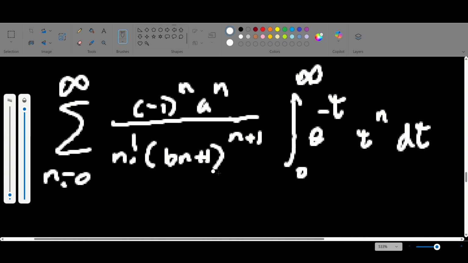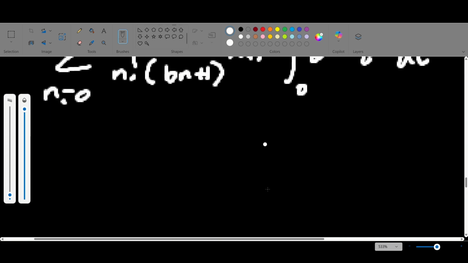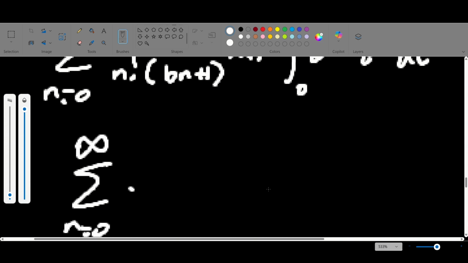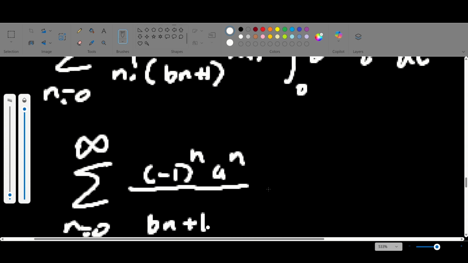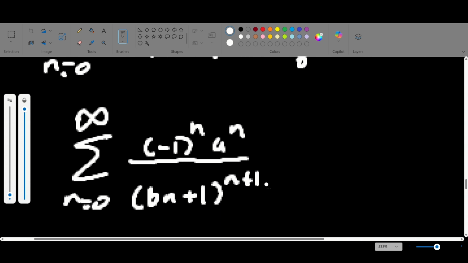Given that, we can simplify the entire expression down into the infinite series or sum of negative 1 to the n, a to the n, get rid of the n factorial, bn plus 1, parentheses, n plus 1, and that is our final answer.